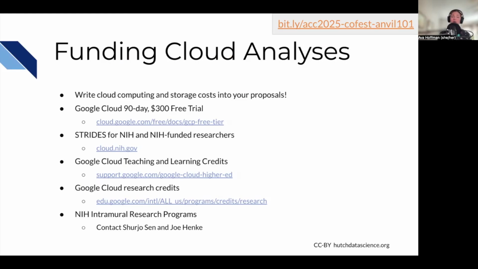It's a cost of running large-scale analyses, and one that is perfectly reasonable to spend money on. There's also Google Cloud's 90-day, $300 free trial you can use if you want to play around a little bit and see how to use AnVIL before you dedicate research dollars to it. There are also STRIDES funds for NIH and NIH-funded researchers, Google Cloud Teaching and Learning and Research credits, as well as contact points. If you're an NIH intramural researcher, we encourage you to reach out to our colleagues Shurjo Sen and Joe Henke.